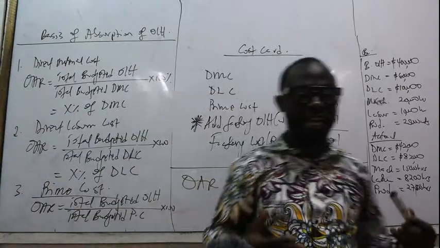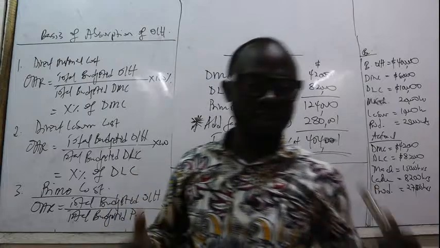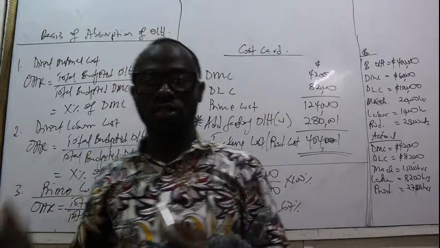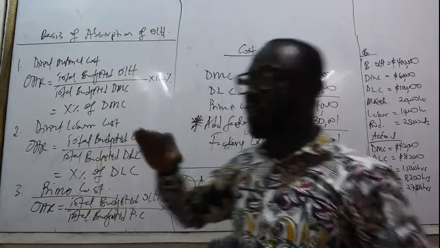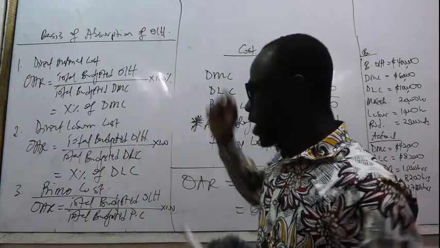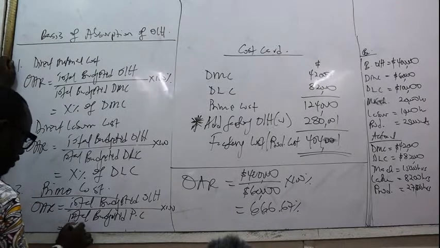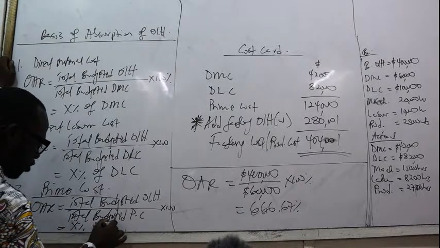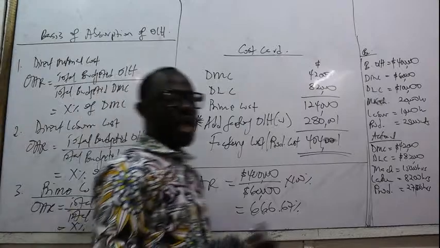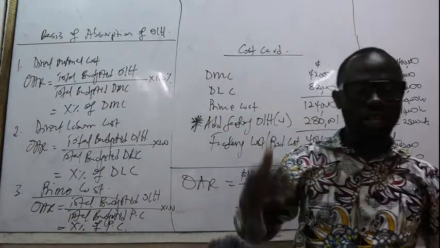Like I said, anything that is a cost item will be expressed in percentages. So here, our answer is still going to be X% of prime cost. This time around, you're going to be absorbing the overheads using prime cost.